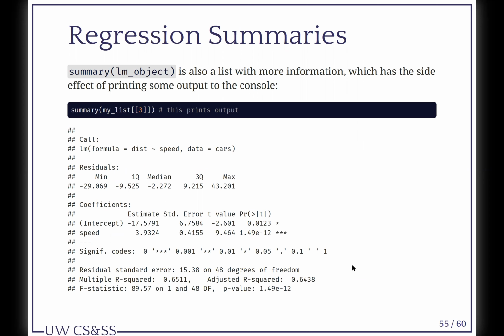The object that you get out of a regression, you often want to put it inside of summary. This will provide you with a list with more information, but it has the side effect of printing some output to the console. So often this is kind of what we're used to seeing in really boring papers, this kind of output.